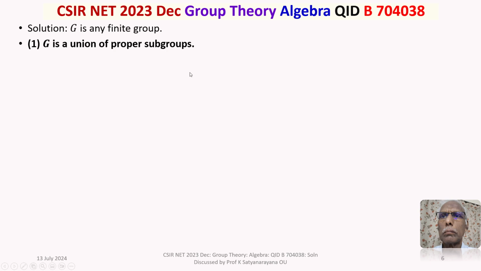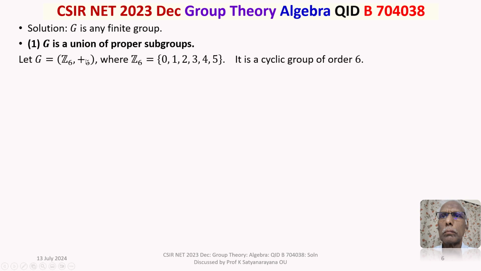So what is that situation where this fails? For that we take G, the group, equal to Z6 under addition modulo 6, where Z6 are the residue classes modulo 6: 0, 1, 2, 3, 4, 5. It is a cyclic group of order 6.